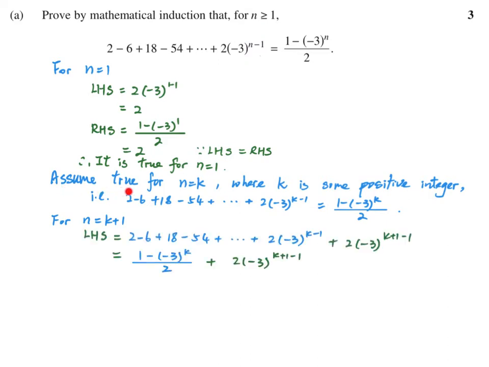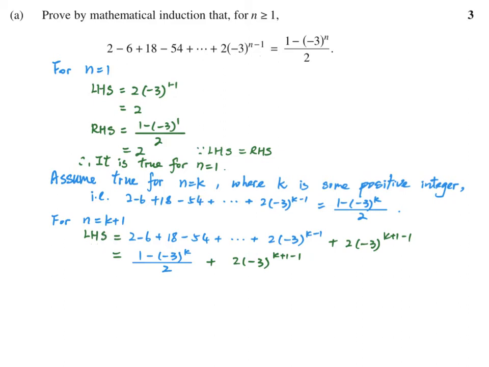And then we assume that it is true for n equal to k. All the way sum up to 2 times minus 3 to the power k minus 1. It should be equal to this. Okay, assume this statement is true. And then how about the next case? n equal to k, assume true. The next case should be k plus 1.